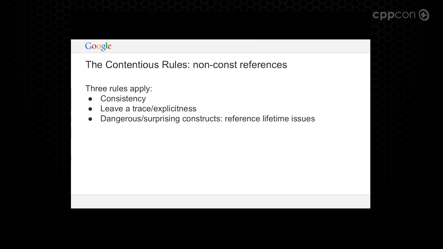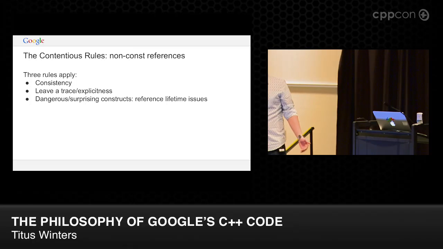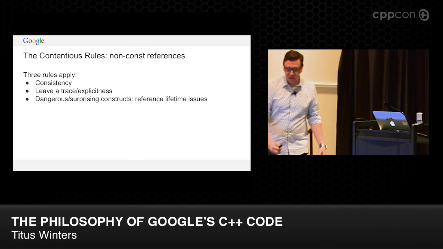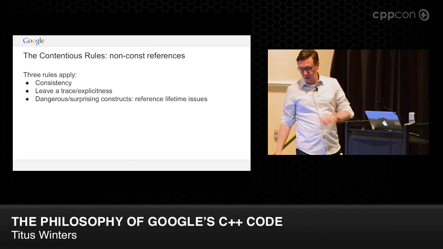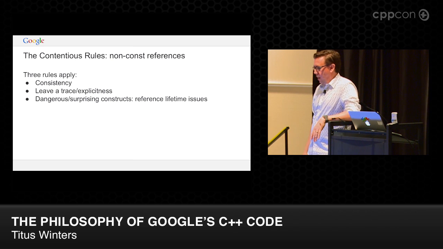Non-const references. There's a consistency argument. We have 100 million lines of code that is almost perfect at the no non-const reference rule. Further, the one function that is commonly used that violates this rule has given us no end of grief. It has not left a good taste in our mouth.